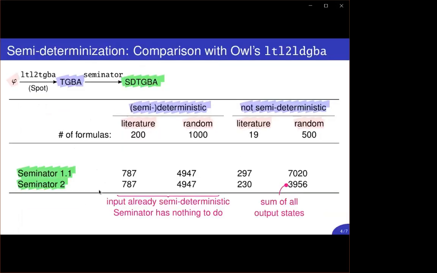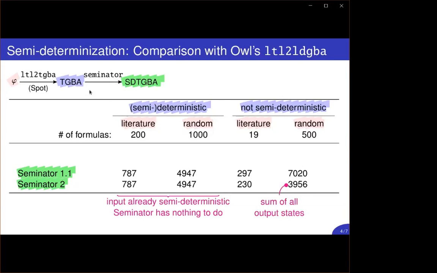Let us now compare Seminator 2 against LTL2LDGBA, which is another tool to produce semi-deterministic automata, distributed as part of Owl. As its name implies, it takes an LTL formula as input. So our benchmark will start with an LTL formula, translate it into a TGBA using a Spot translator tool, because Seminator takes only automata as input, and then we run Seminator to get a semi-deterministic TGBA. We can already do this benchmark on Seminator 1.1 and the new version.